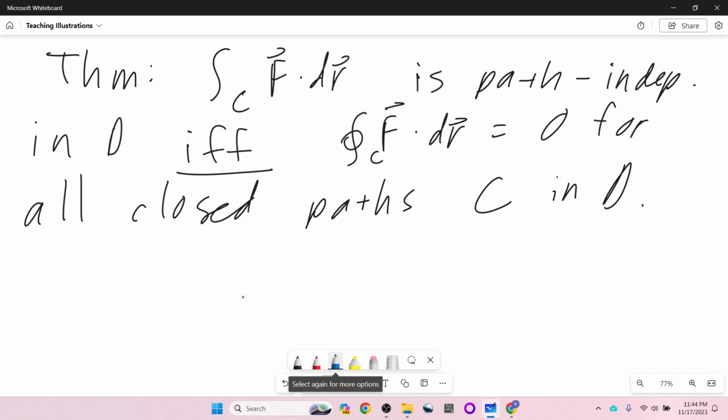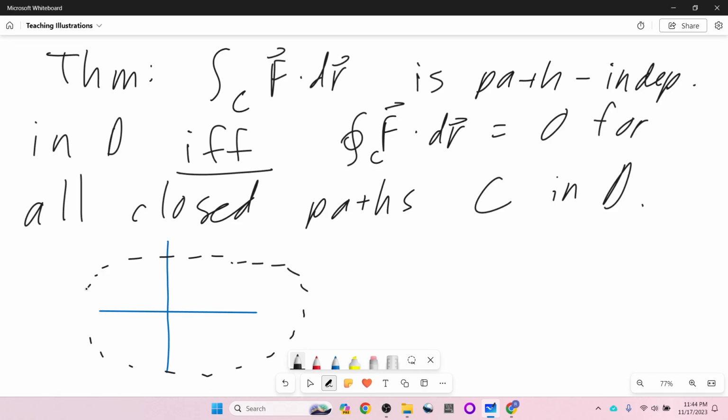So, like I said, I'm just going to do a proof by picture here. I'm not really going to try to give a fully rigorous thing. But the idea is we have a domain D, and we say here is a path C1, and here is a path C2.